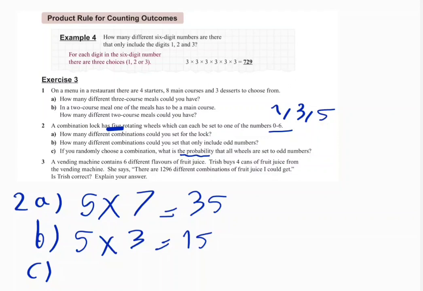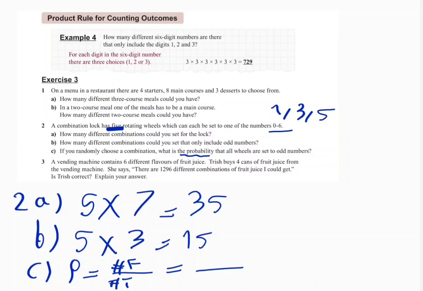The way that we can do this question is by using the original formula of probability, which is probability equals number of favorable outcomes over number of total outcomes. That's the formula that we use for probability: the number of outcomes that we are interested in over the number of total possible outcomes. So we can do this question by using this formula.